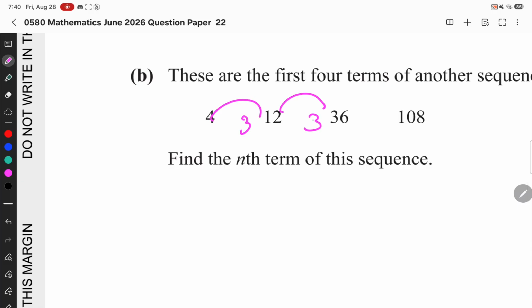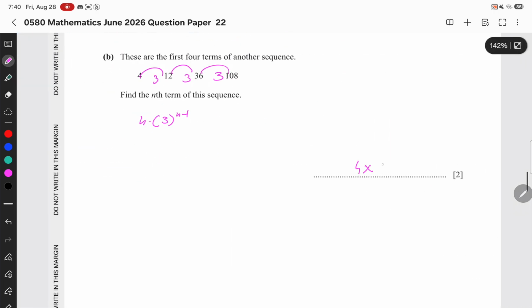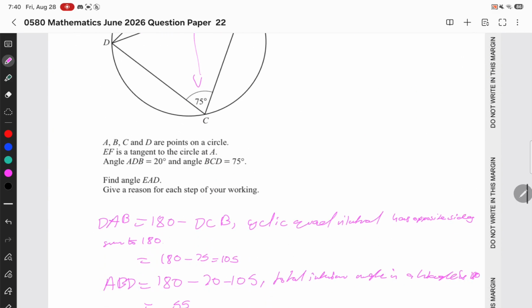3. Yeah, you see it, right? So the first answer, so this is this. Nice. EAD is equal to 55.